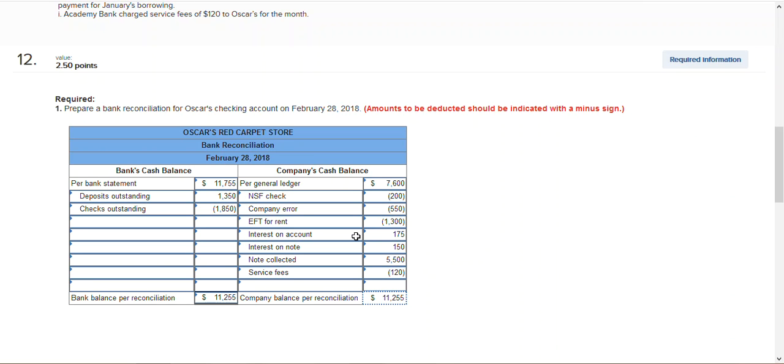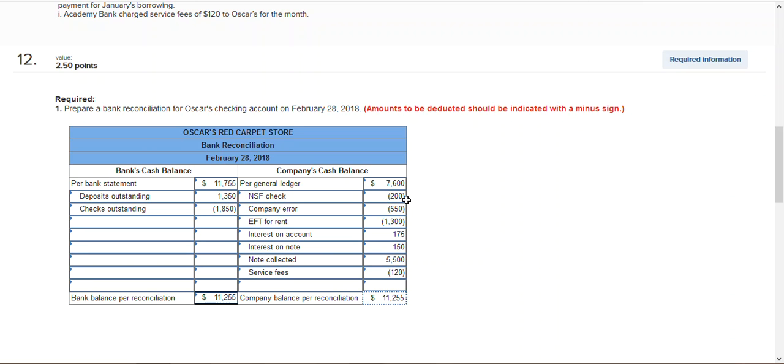Of course, cash into your account would be debit cash and credit the appropriate accounts here, and then for cash coming out, you would debit the appropriate accounts for each of these lines and credit cash because cash is going out. Just one more note, this NSF check, when a customer writes you a check for their account, you're going to credit their accounts receivable.